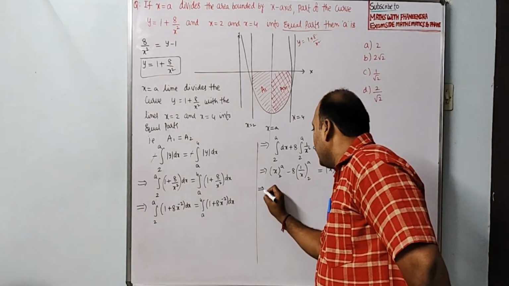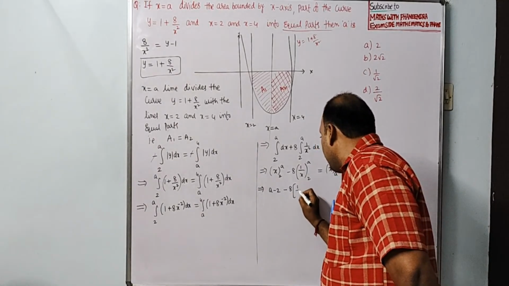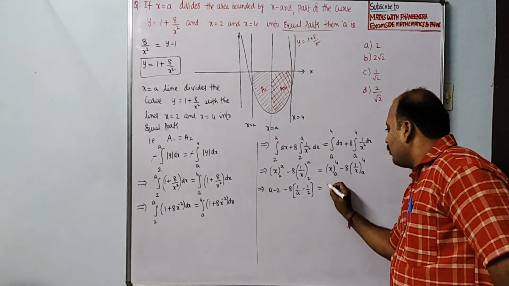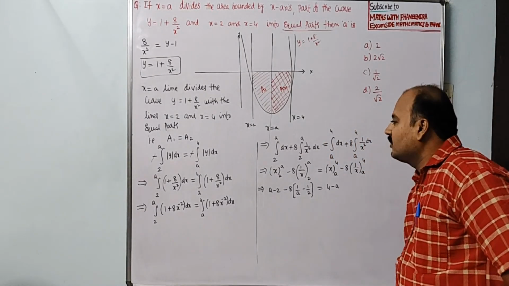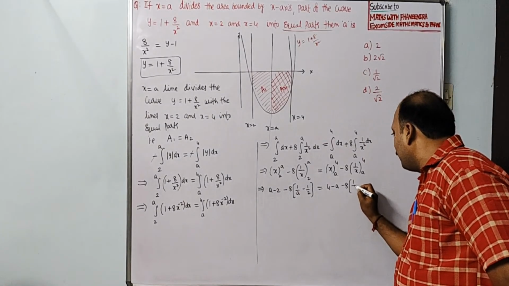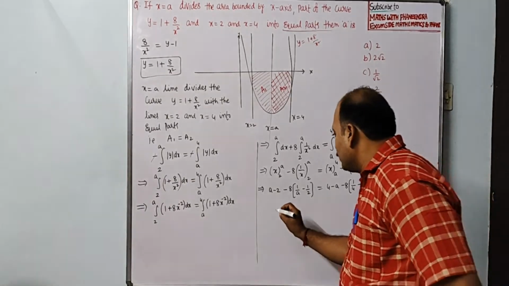So this will be a minus 2 minus 8 times (1 by a minus 1 by 2) is equal to 4 minus a minus 8 times (1 by 4 minus 1 by a). We need to simplify.